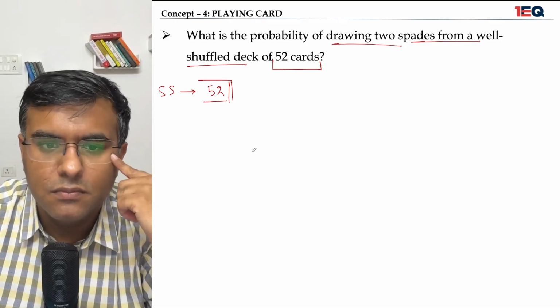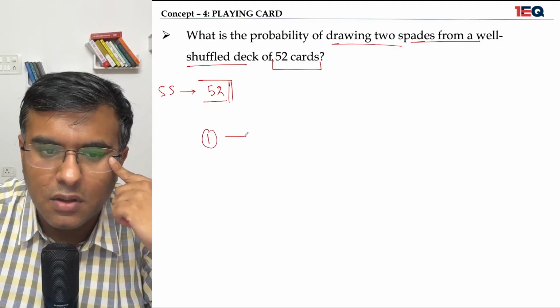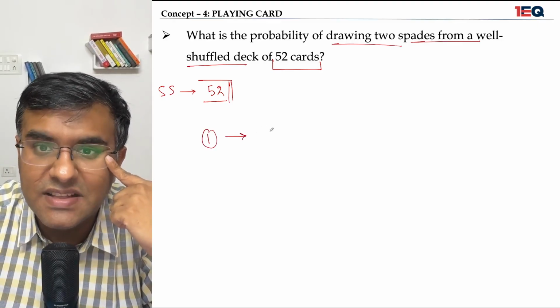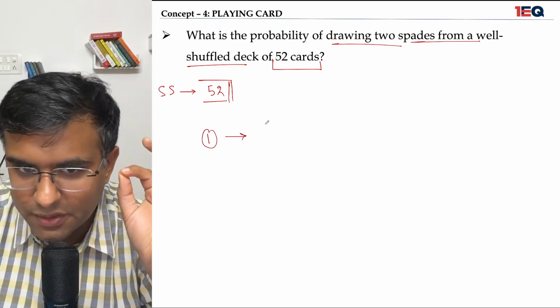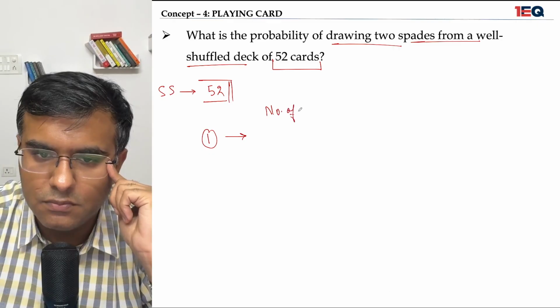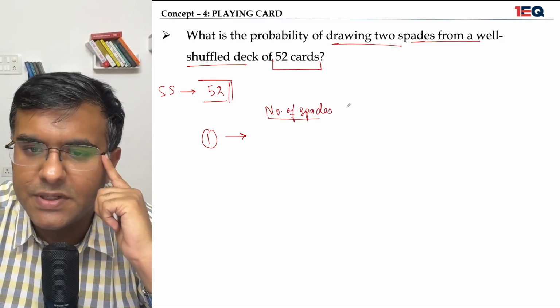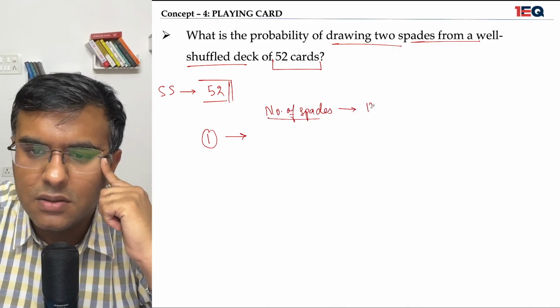First of all, if I draw one spade, let me be clear, what is the number of spades? The number of spades is 13.